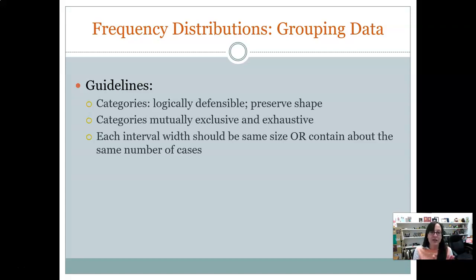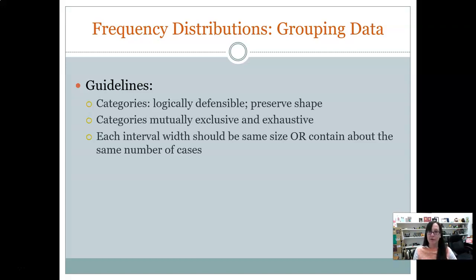So maybe you want smaller categories there, because that's half of your sample, and then wider age categories to encompass similar numbers of people as you move up your age categories. You can do it either way: either the intervals are the same, or each interval has about the same number of cases. But either way, you still want to go back and make sure it's logically defensible and preserves the shape of your data.